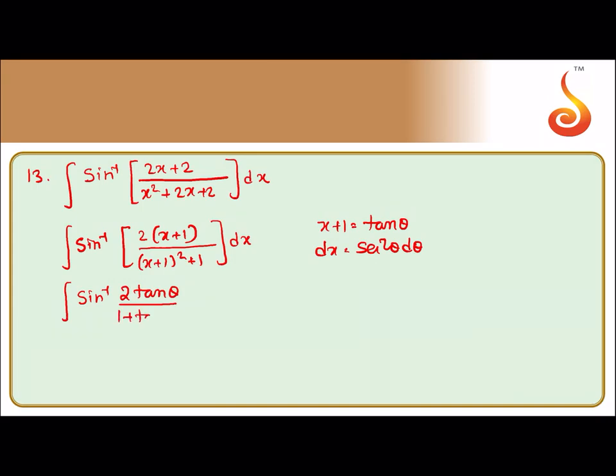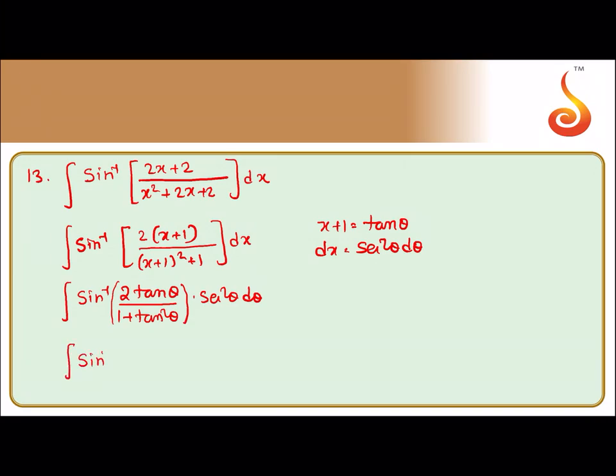So this converts into sine inverse of 2 tan theta upon 1 plus tan square theta, into secant square theta d theta, which is outside.